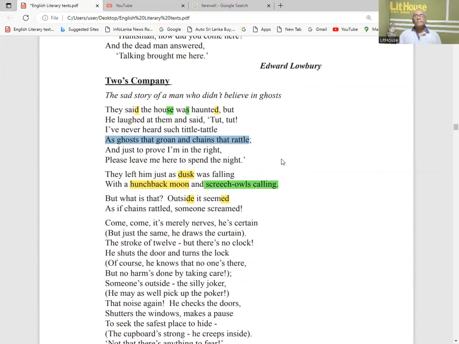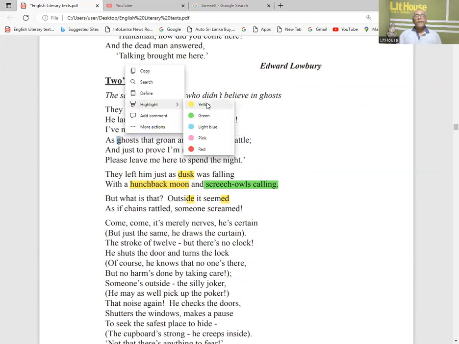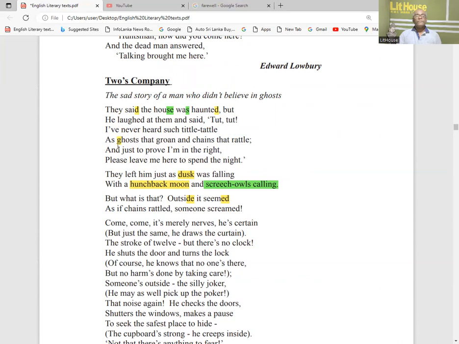What are the alliterated sounds? G, underline G. Alliteration means repetition of the same consonantal sound.